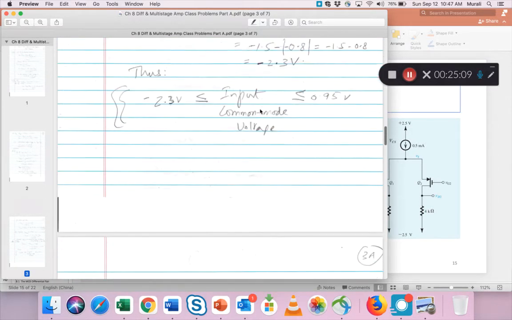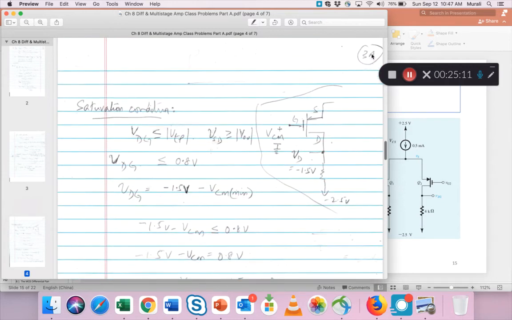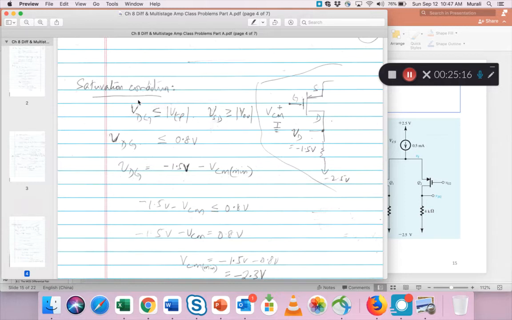So for the explanation of this saturation here and this saturation here, I've added an extra slide, page 3A, to explain the saturation business. For example, VDG has to be less than or equal to VTP, or VSD, source to drain, has to be greater than the overdrive voltage. This is the circuit: we have the source, the drain, and the gate. VCM is applied. So VDG has to be less than or equal to 0.8 because VTP is given as 0.8.